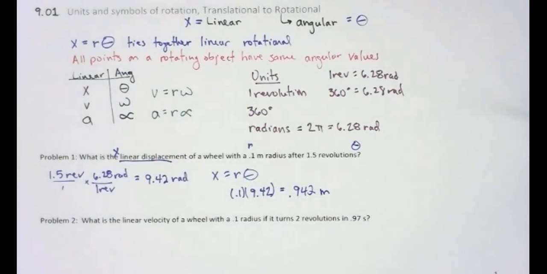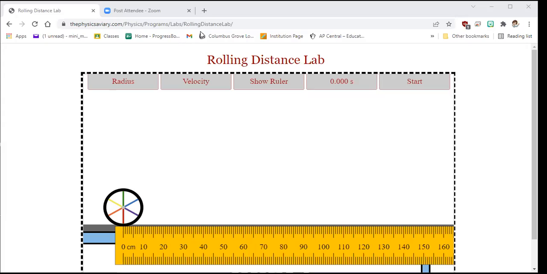All right, well, let's go test this and see if this is accurate. I'm going to go back to my sim. And we have a 0.1 meter radius, I believe. Well, let's just go with what we've got because it'll be scaled, but it'll be the same.